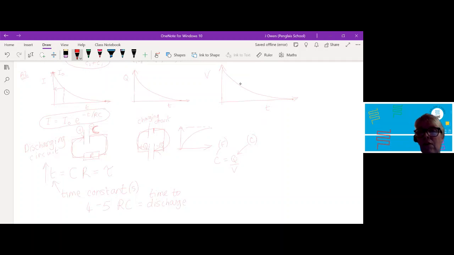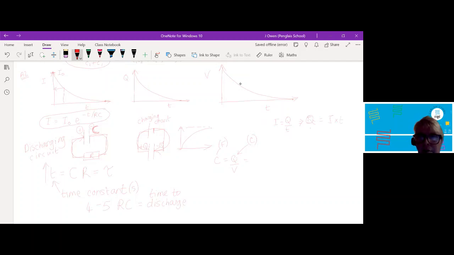So Q is the charge, and current equals the rate of flow of charge. So charge can be written as current times time. So charge equals current times time.